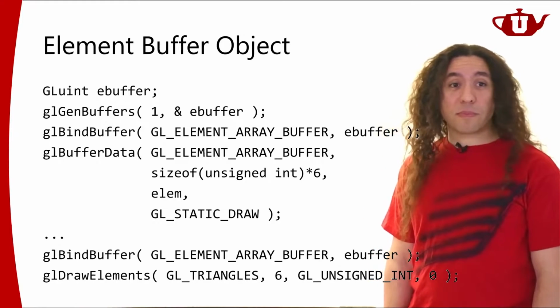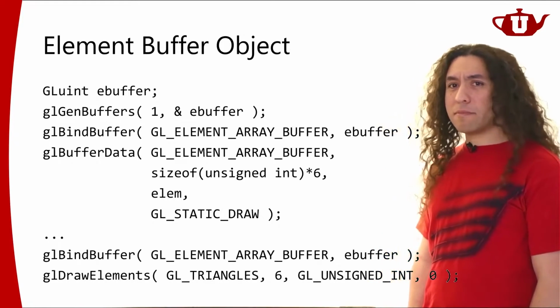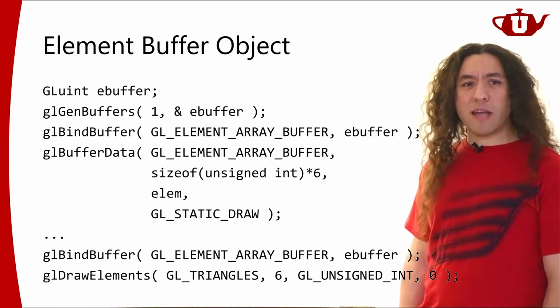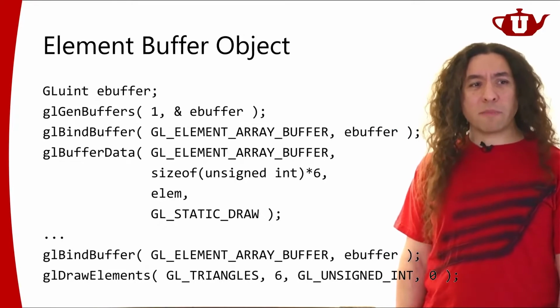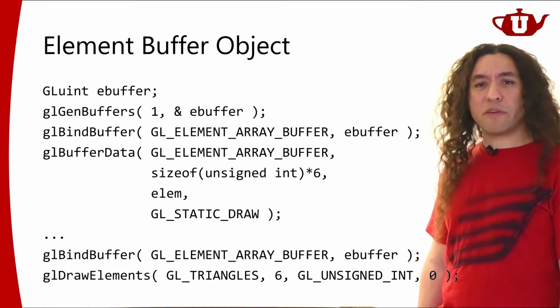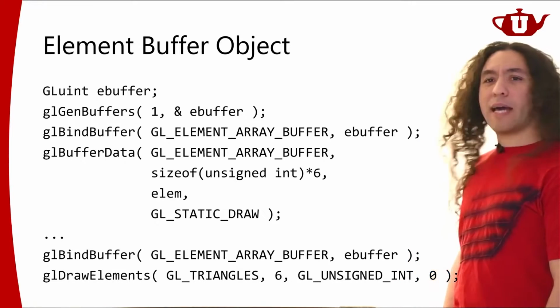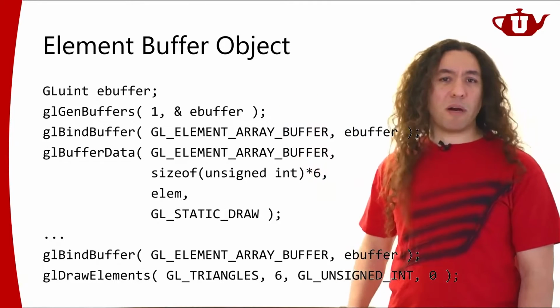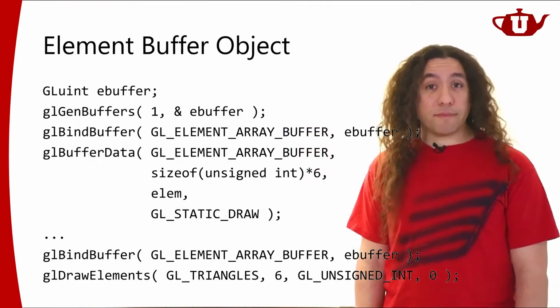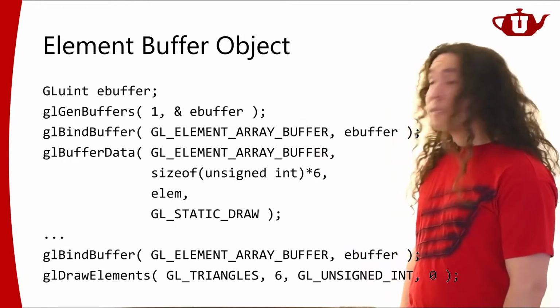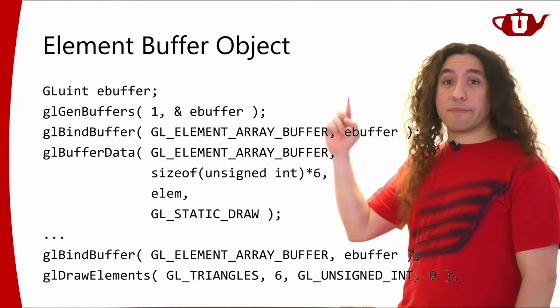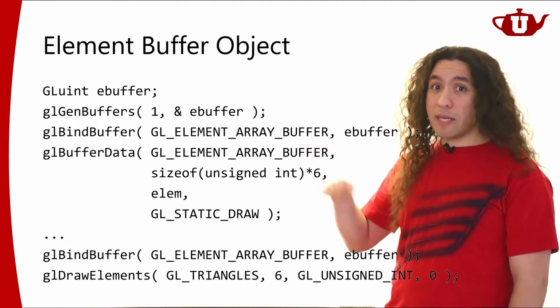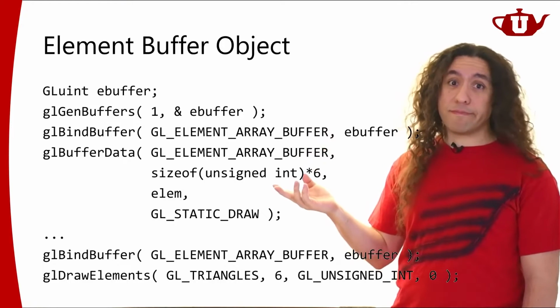It's definitely possible and not too hard to implement, but it's not perfectly trivial. If you don't want to deal with that complexity, don't use element buffers. But this is a lot more efficient than duplicating all of your vertices.